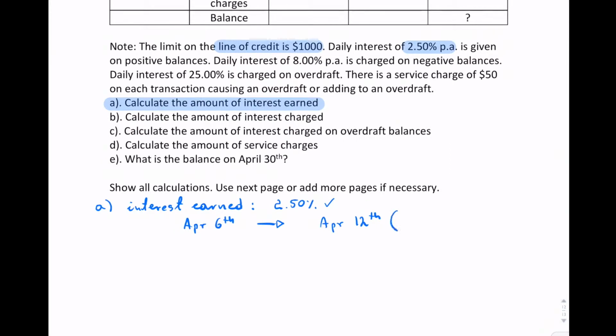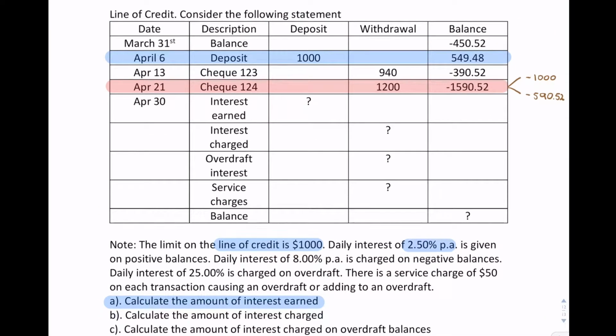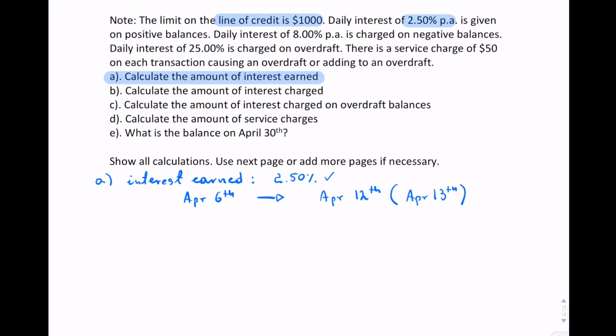Why do I say April 12th? Because April 13 already has a different amount. Notice that on April 13th it was negative. So 549 would only count April 6th, 7th, 8th, 9th, 10th, 11th, and 12th.